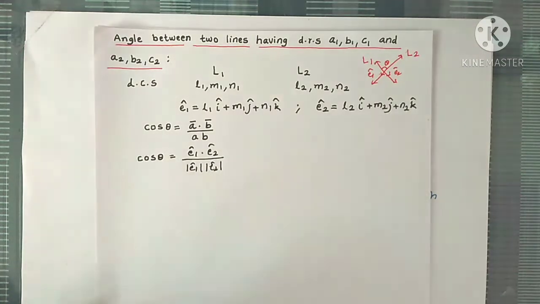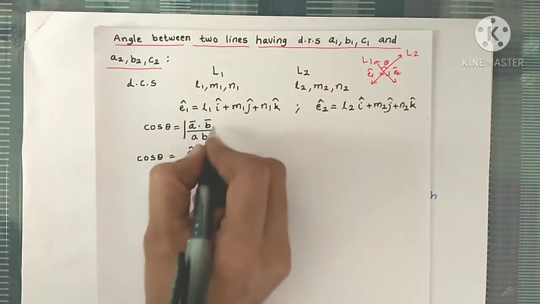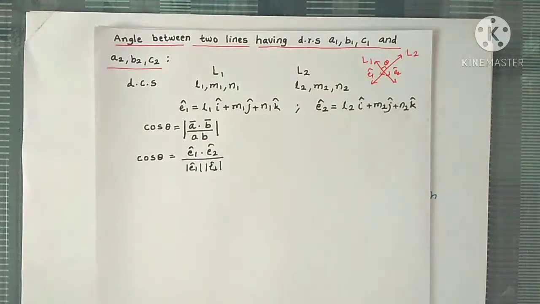Since we are considering theta as an acute angle, theta lies in the first quadrant, so cos theta is positive. We have to take the modulus of this, because theta may lie in the first quadrant or in the second quadrant.